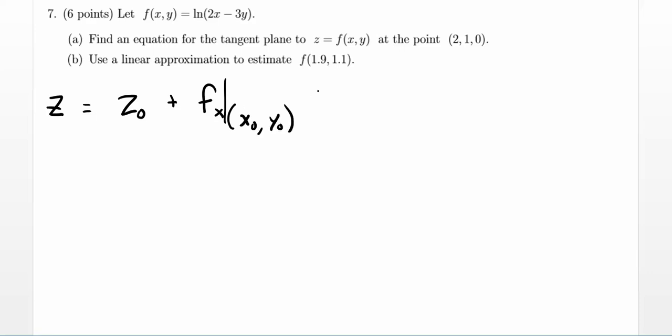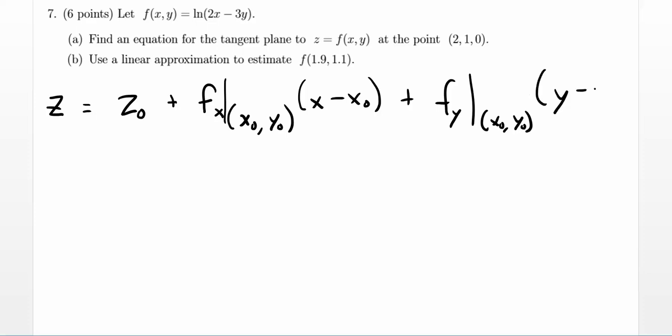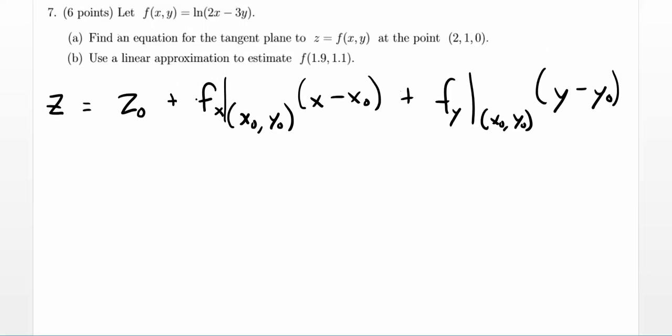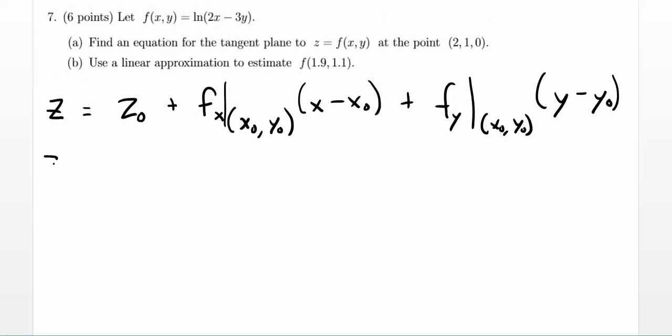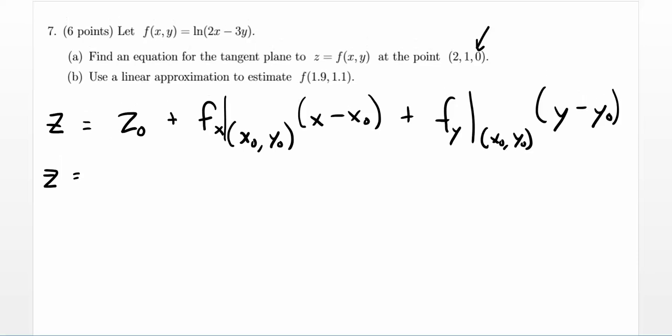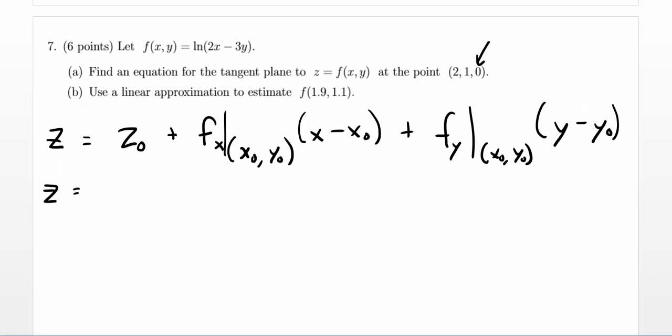Evaluated at (x naught, y naught), times x minus x naught, plus the partial derivative with respect to y, evaluated at (x naught, y naught), times y minus y naught. I already have most of this stuff. z naught, well, that's just given, 0. If you weren't given that, you can just find that by taking 2 and 1, plugging them in here, and getting out the z value.